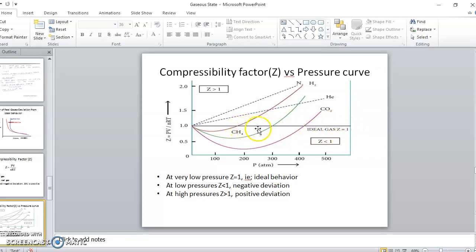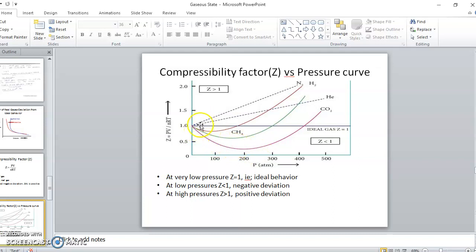That means along this horizontal line you have an ideal gas. Now look at this curve. As a general example, we consider the gas nitrogen. This is for nitrogen, this is for methane, while this is for carbon dioxide.